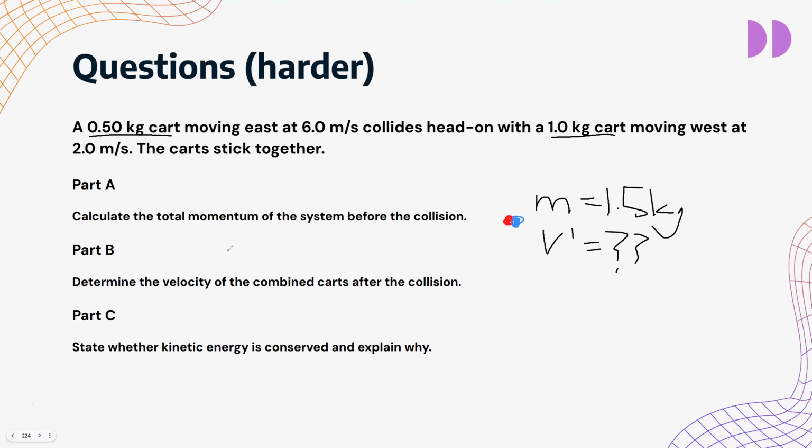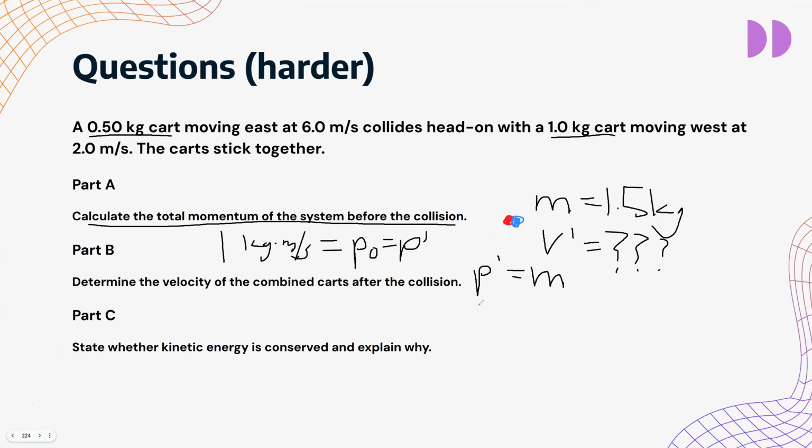We do know that before the collision, the momentum of the system was 1 kilogram meter per second in the right facing direction. So this 1 is equal to the momentum before the collision, which is also equal to the momentum after the collision. And the momentum after the collision is equal to the mass of the two balls together times some mysterious velocity that we don't know.